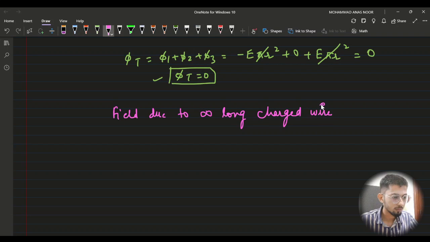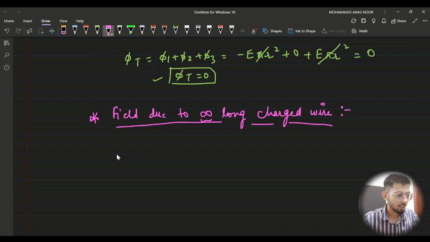This is infinitely long, okay? So it never ends. That is the interesting part.